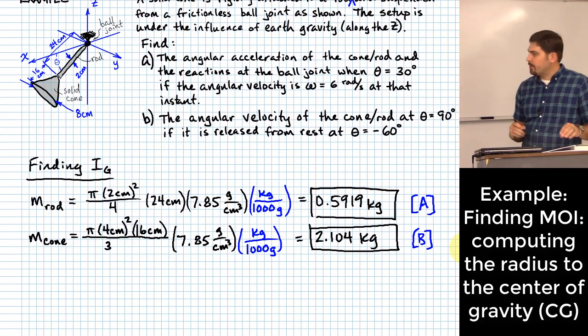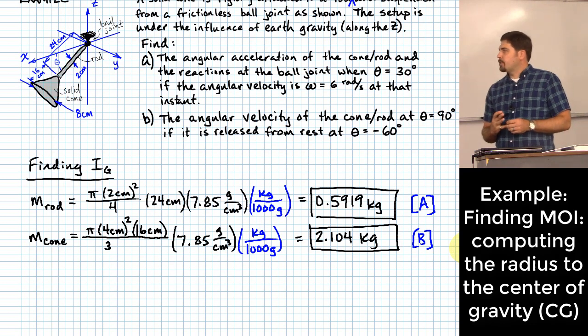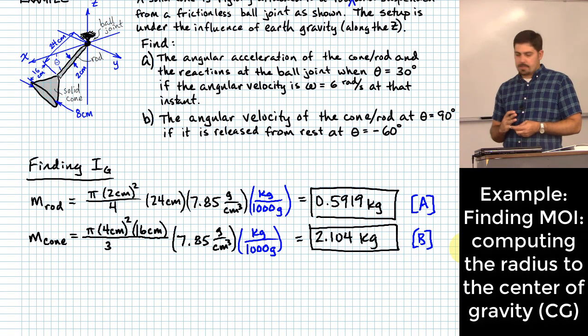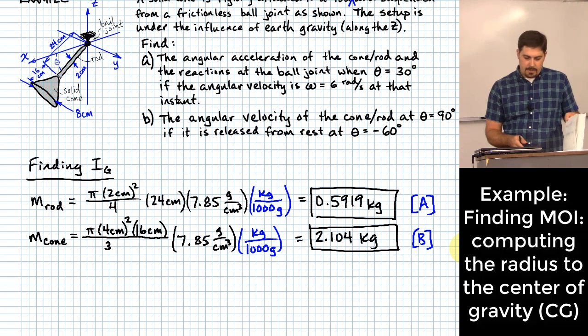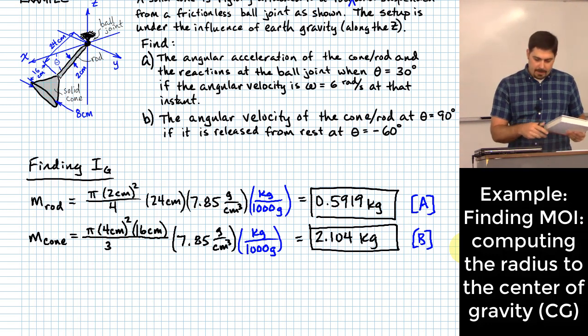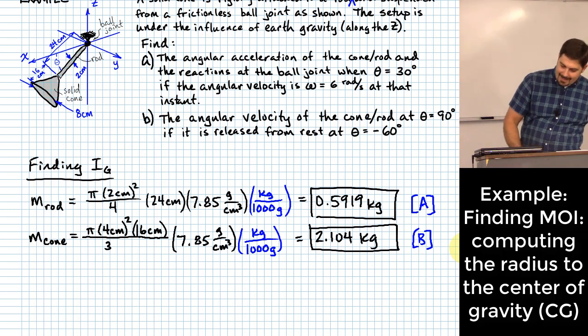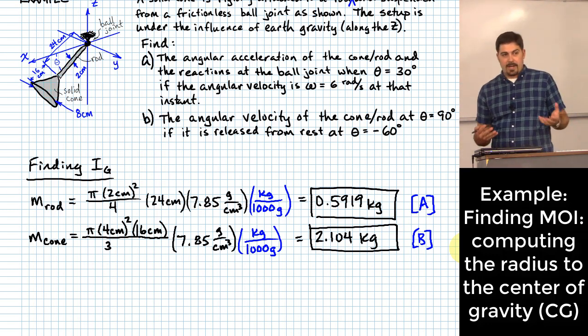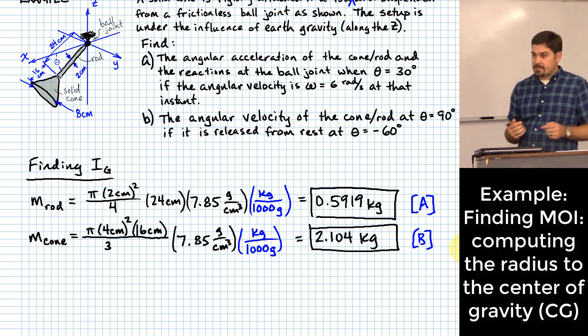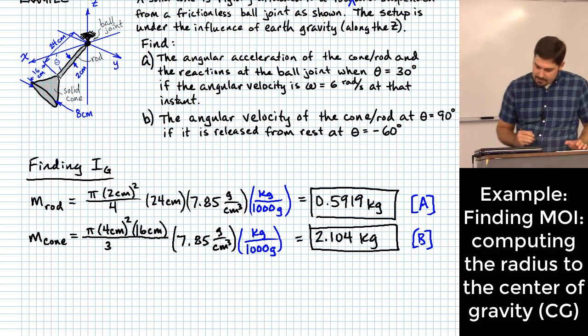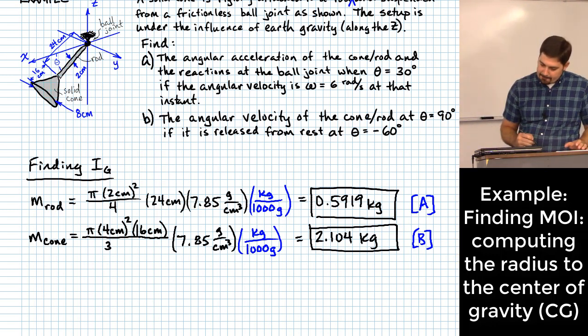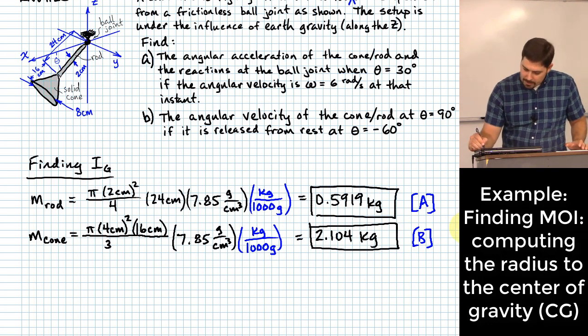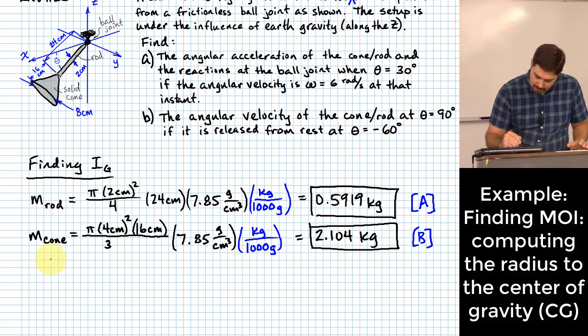So what we want to do now is determine what the contribution is of each of these parts to the overall moment of inertia around g. To get that, I need to know where the center of gravity actually is, right? Because it's not obvious just by looking at it where the center of gravity is located. So that's my first thing, is let me actually do a little miniature picture here so that we know what we're talking about.